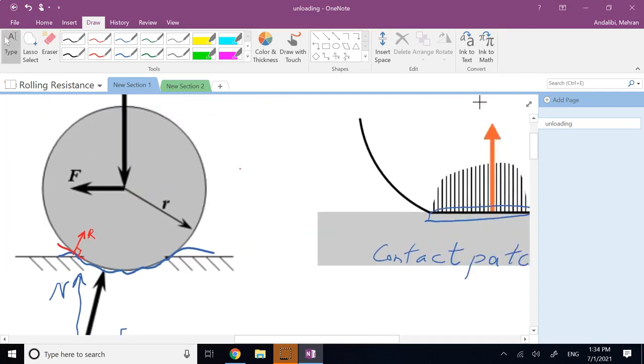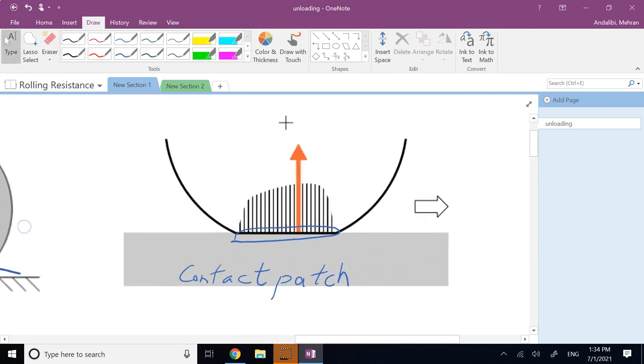And finally, another way, if you want to explain this rolling resistance, is the distribution of pressure on the contact patch. So if you look at the contact patch and if you plot the pressure, which is the normal force per area, over the contact patch, it's not uniform, okay? And the distribution of that is non-uniform.